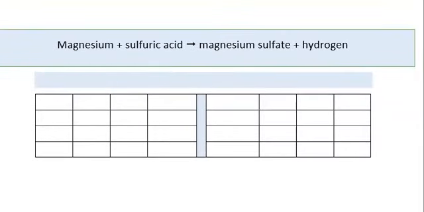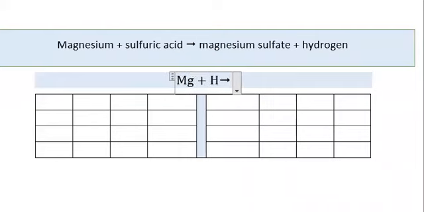So in this example, we have magnesium plus sulfuric acid, which is another name for hydrogen sulfate, as we did in the previous example, which can also be called battery acid. All right, so if I start naming this, it's going to be magnesium, it's just Mg, plus sulfuric acid.